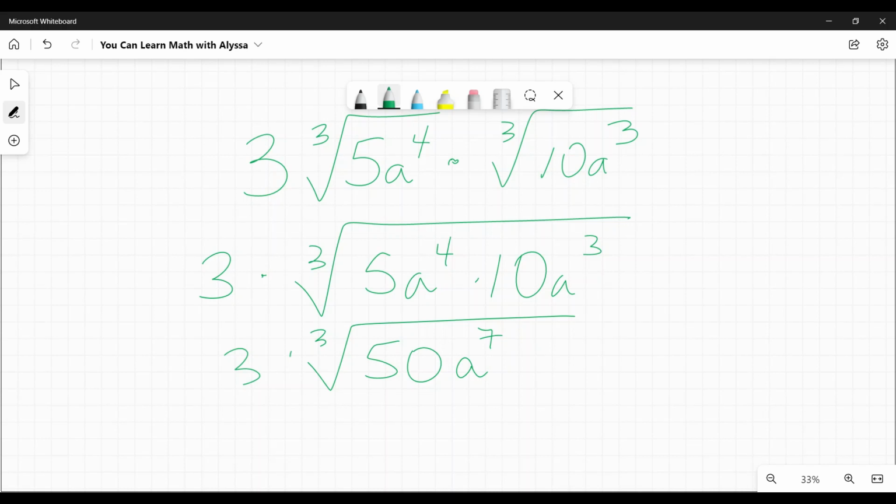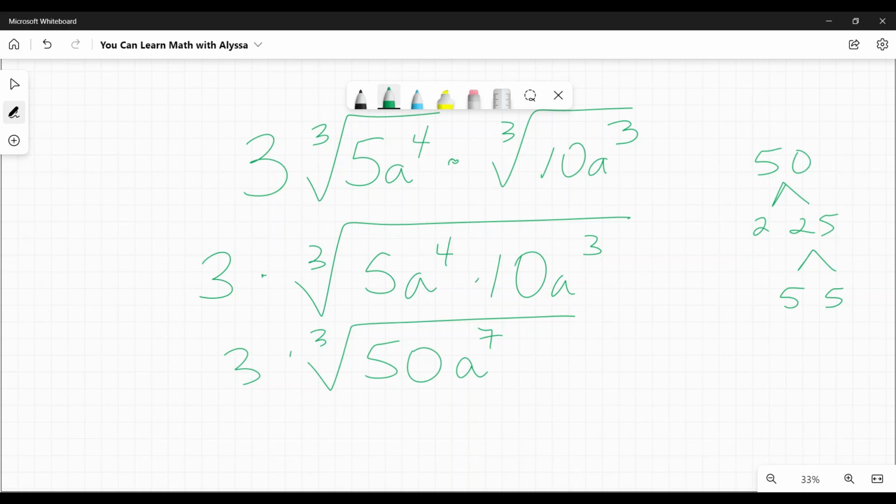Now, same sort of thing. Can I simplify this? Is there a cube root of 50? Cube roots can be a little tricky. One way to do this is a factor tree. If you're not familiar with factor trees, another link down below. And I would say, okay, so 50 is 2 times 5 times 5. Those are the prime factors of it.